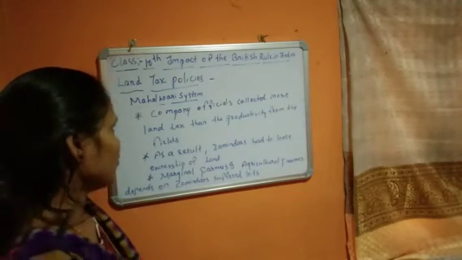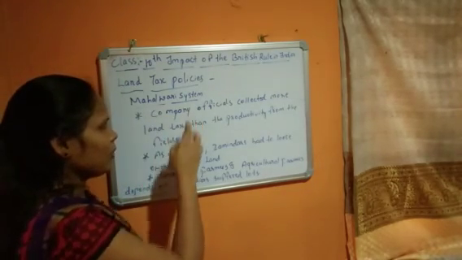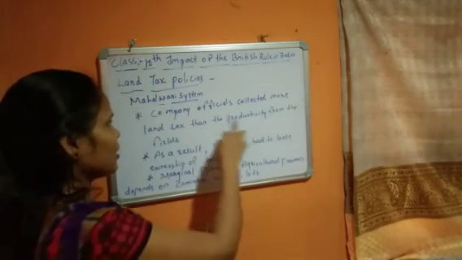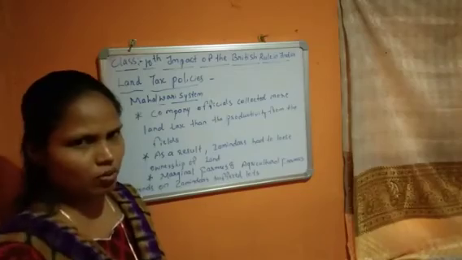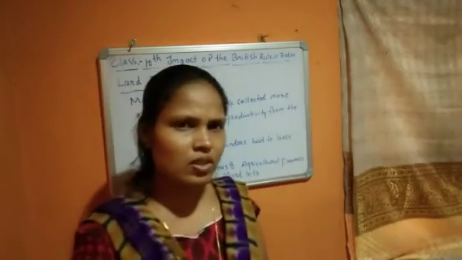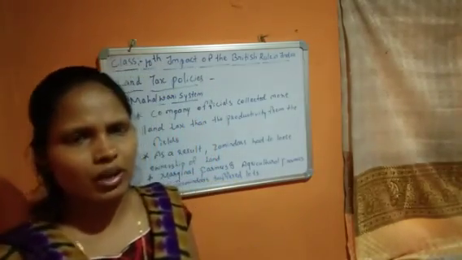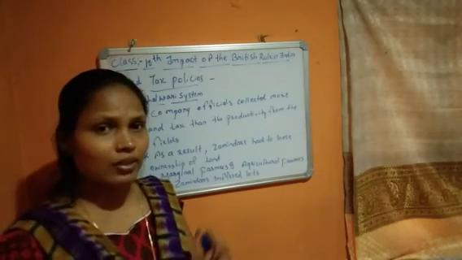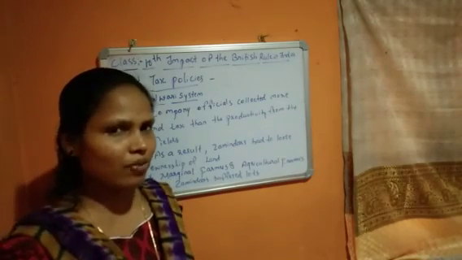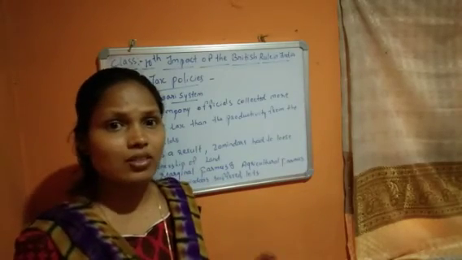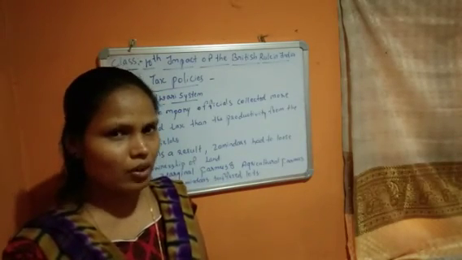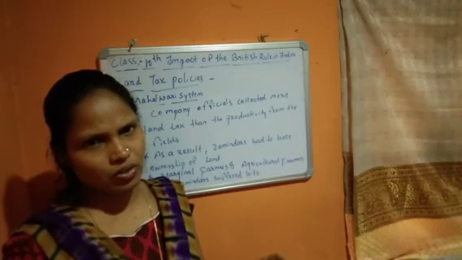Then fifth point, company officials collected more land tax than the productivity from the fields. As a result, zamindars lost ownership of land.